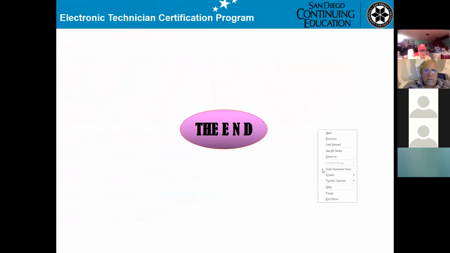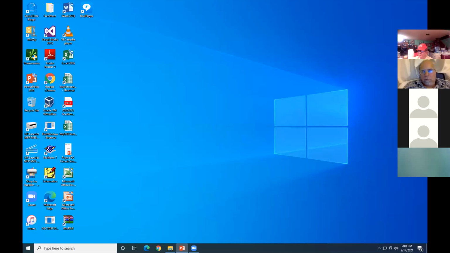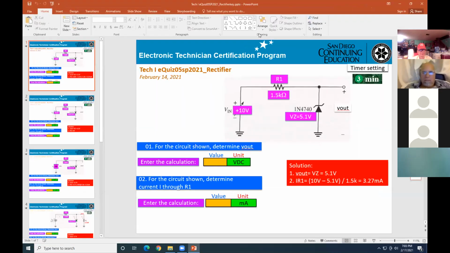Okay, now I will be running the key for you. Try to check the answer. Okay, so the output will be 5.1 volt and IR1 will be 3.27 milliamp.